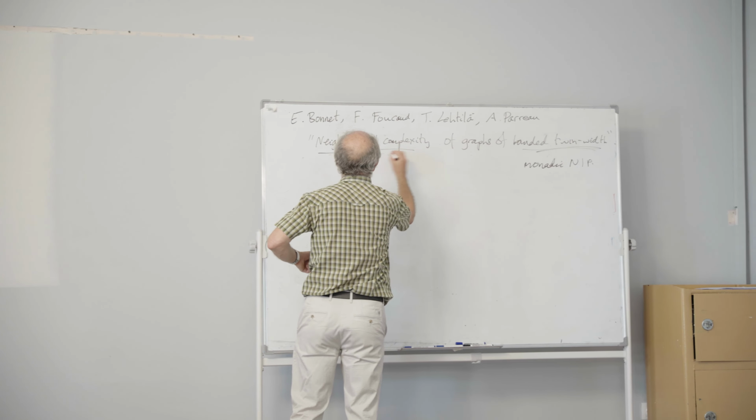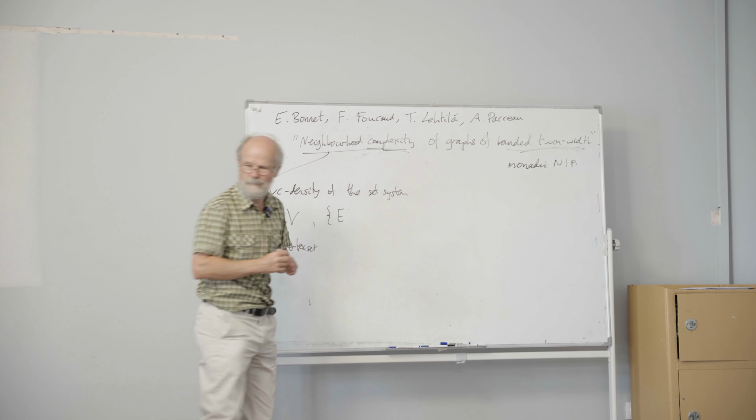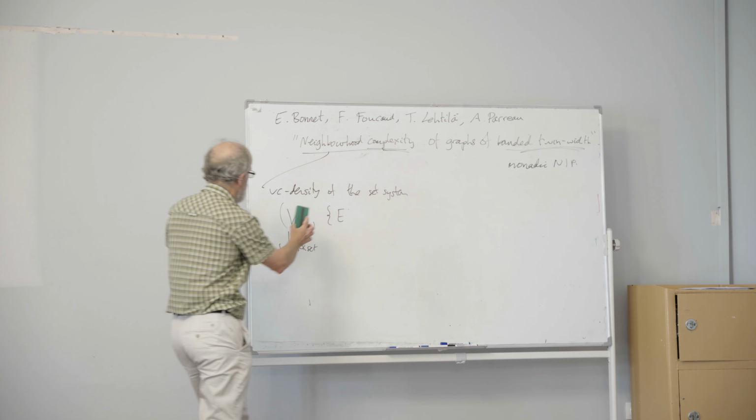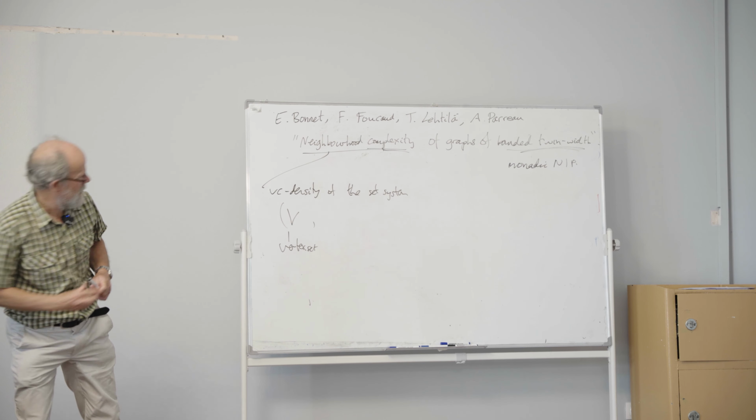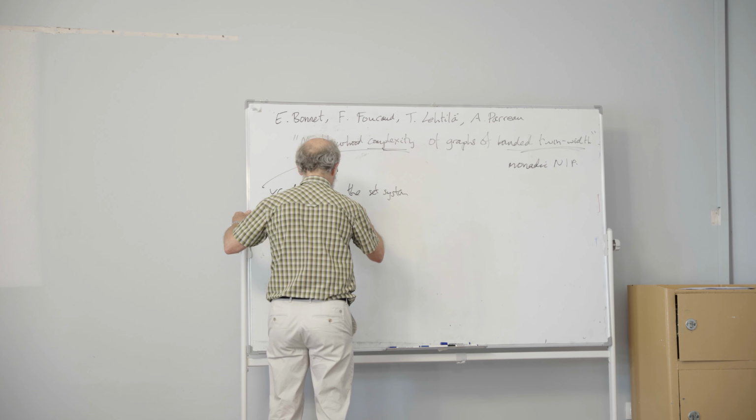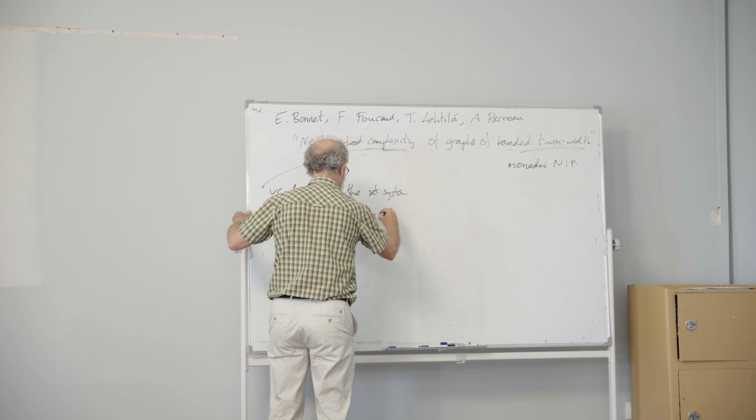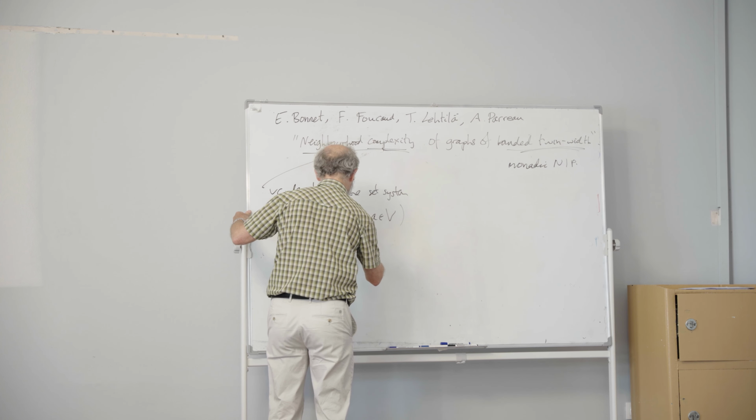So this just means the VC density of the set system where V is the vertex set, and the sets are all sets of the form N of A, where A is in V. So this is the neighborhood of A.